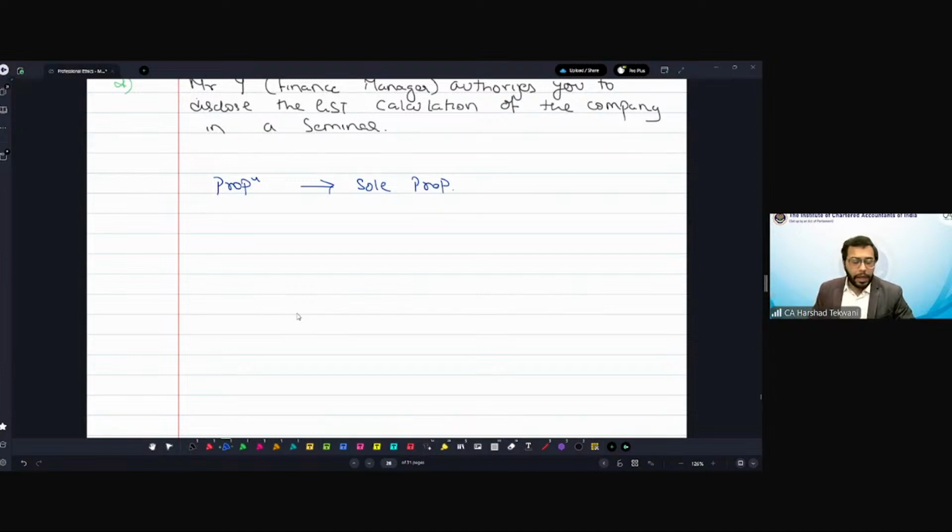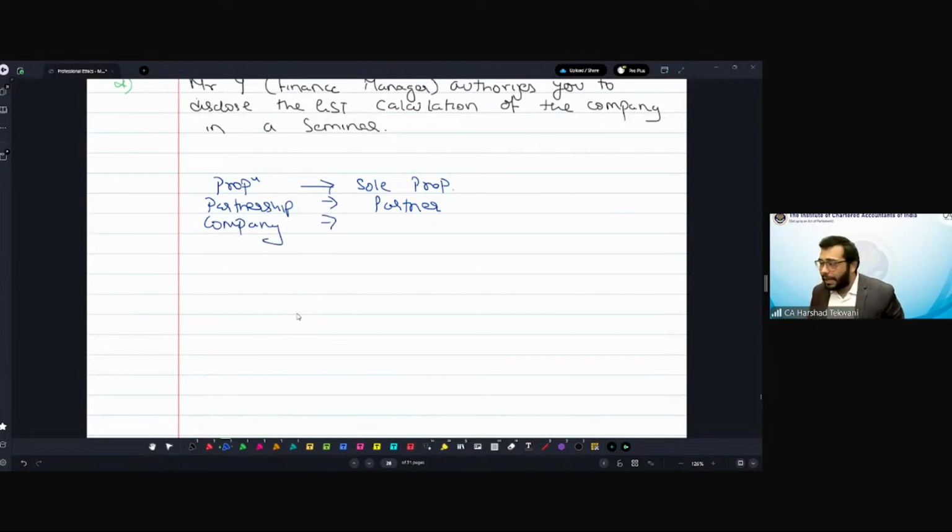That is perfectly fine. In case of partnership, partners can authorize me. In case of a company, who can authorize me?